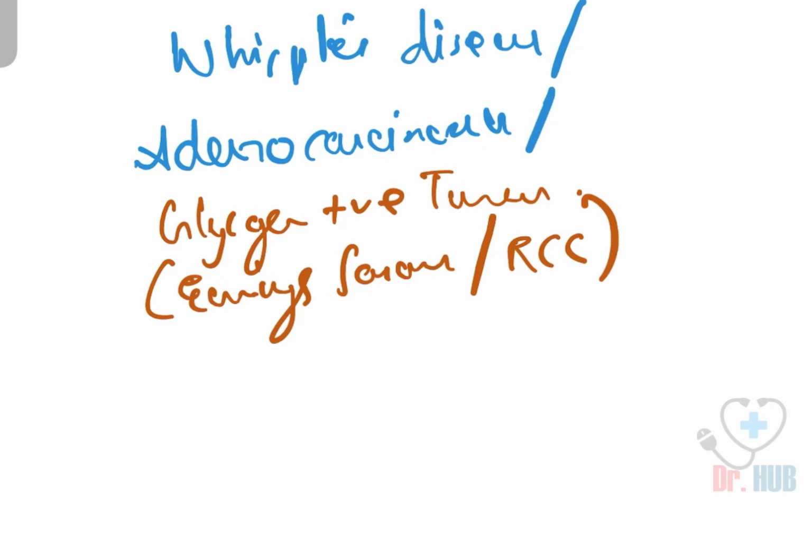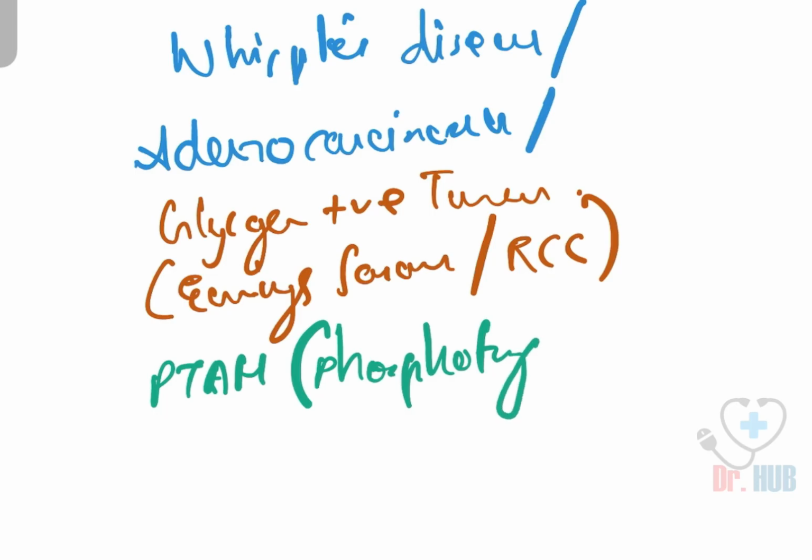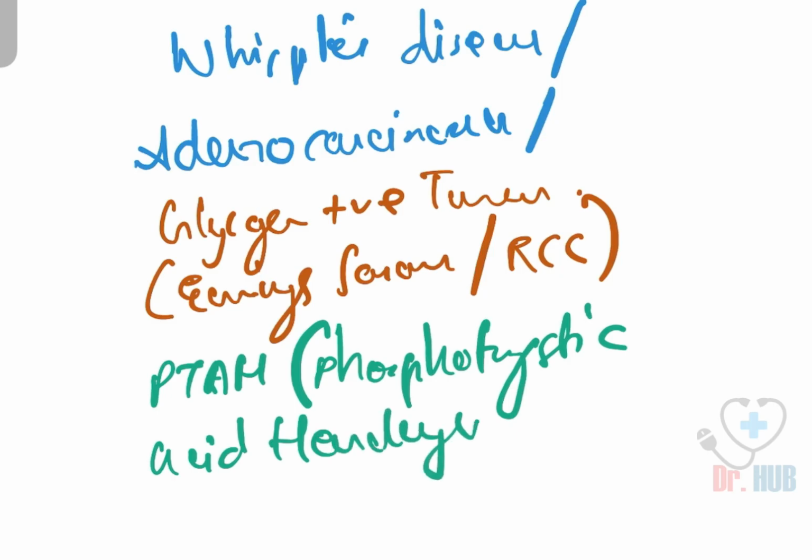Next, we look at another stain, the PTAH, which is phosphotungstic acid hematoxylin.